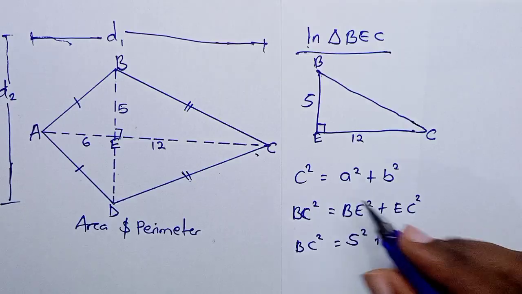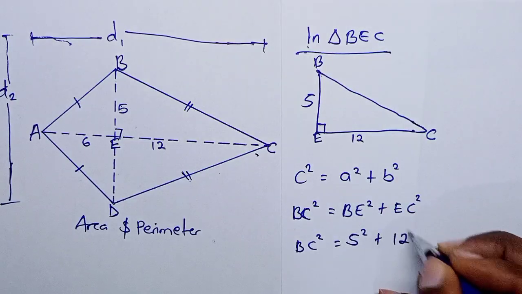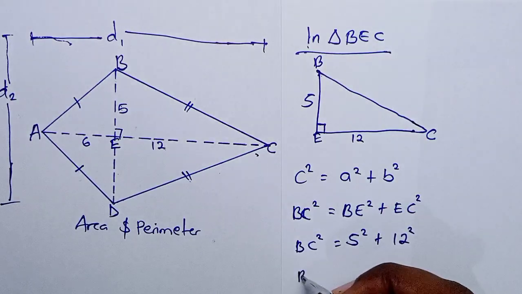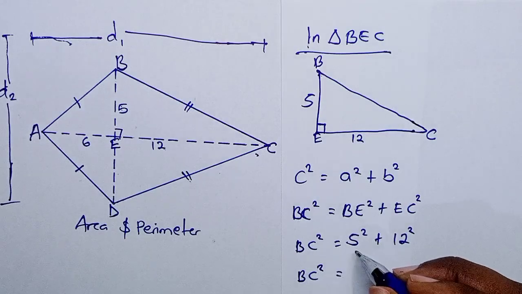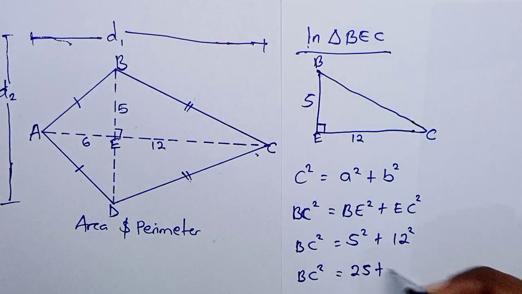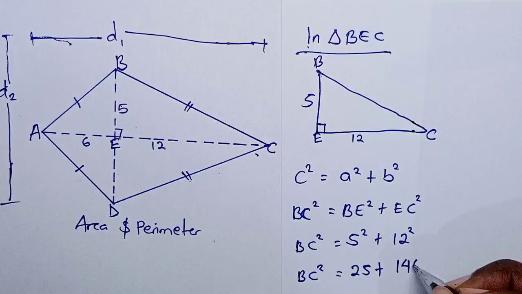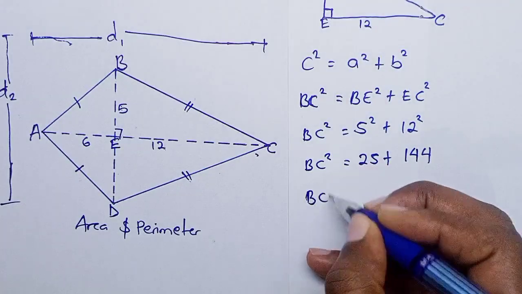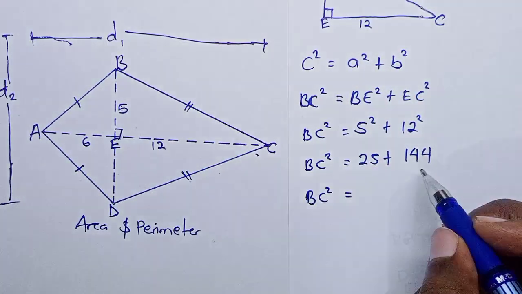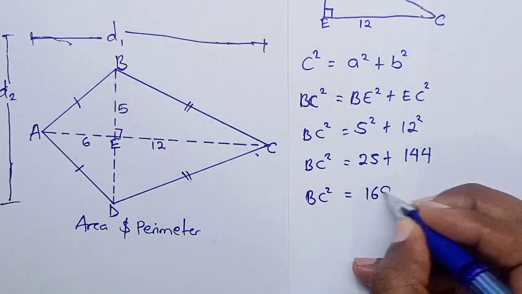So BC, which is what we are looking to find, is equal to BE, which is 5, so 5 squared plus EC, which is 12, 12 squared. Therefore, BC squared is equal to 5 squared is 25 plus 12 squared is 144. Therefore, BC squared is equal to 25 plus 144 gives 169.